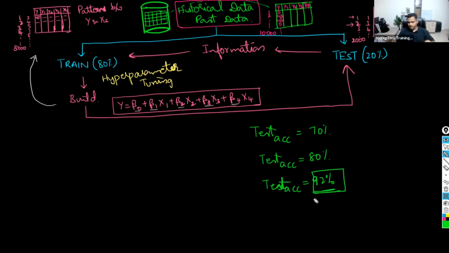But a few data scientists from a different school of thought started arguing, and they said, you know what? This is called information leak. What do you mean by information leak? Your students are preparing for the exam. They come and take the main exam. Say they got 70%.